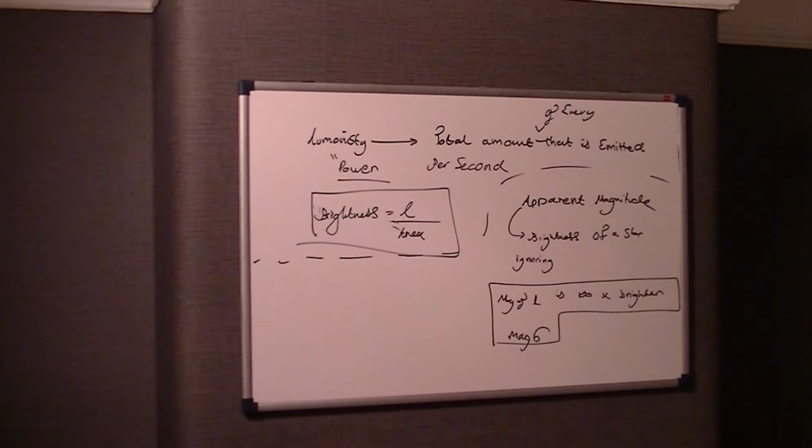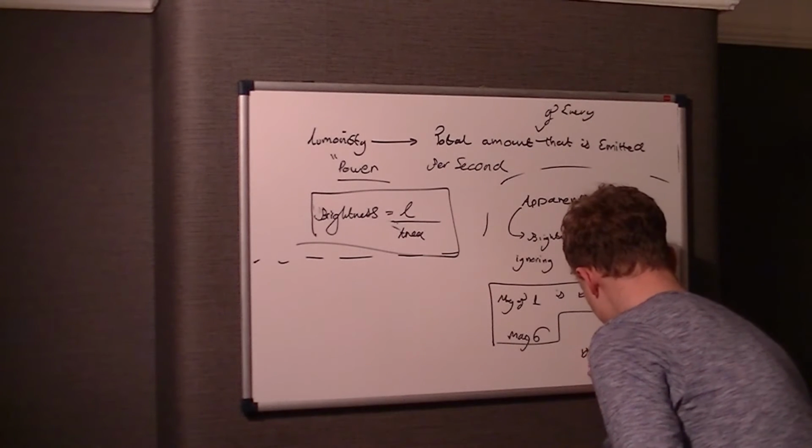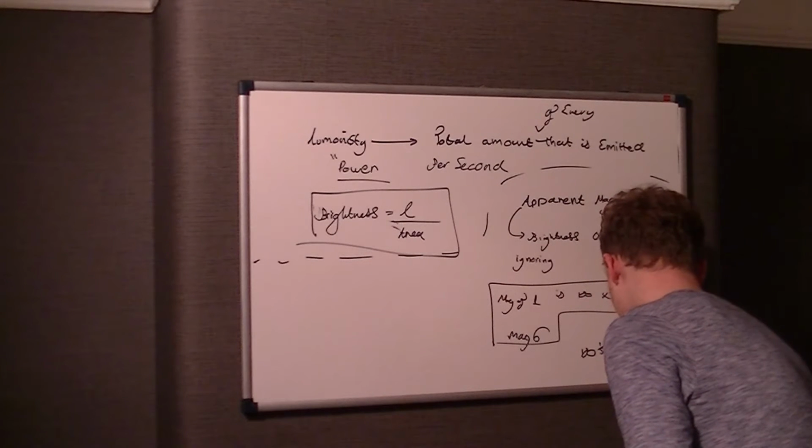So a difference of 5 magnitudes is equal to 100 times the brightness. And if you put that into context, 100 to the power of a fifth is equal to 2.5.